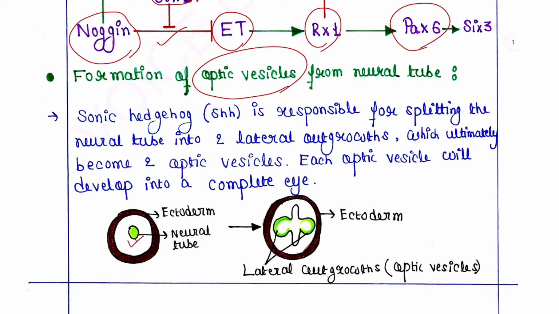So this is the neural tube, and it is getting split and will form two lateral outgrowths, and these two outgrowths will ultimately form two optic vesicles, and each optic vesicle will develop into a complete eye. And this splitting is done by SHH or sonic hedgehog gene.